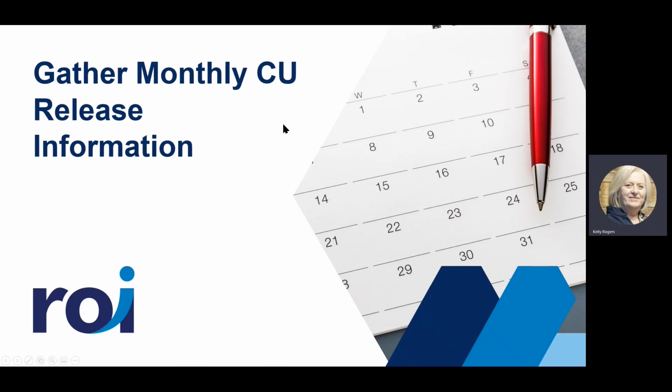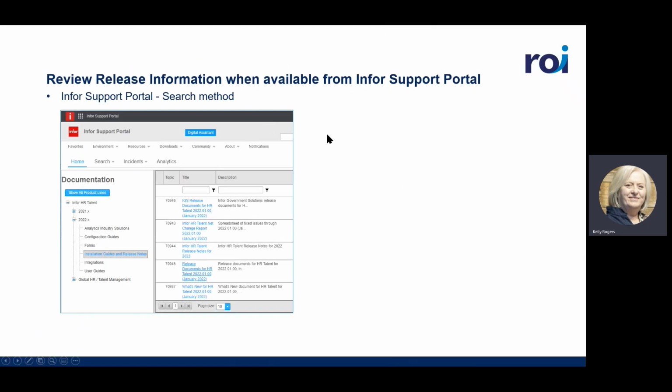So our first step is to gather the monthly CU release information, and we're going to show a couple of methods of doing that. The first method is using the Infor support portal and performing a search for documentation.